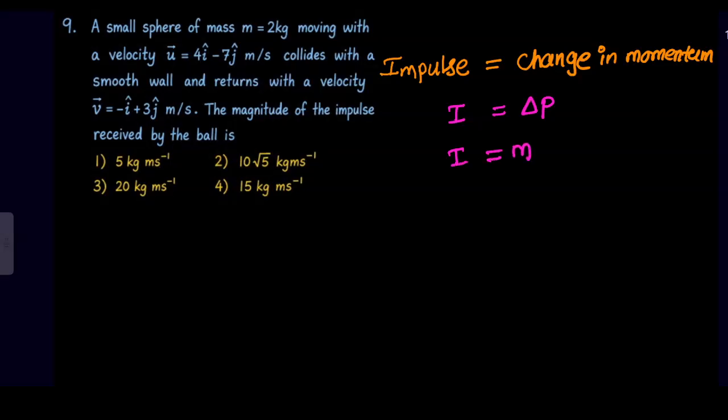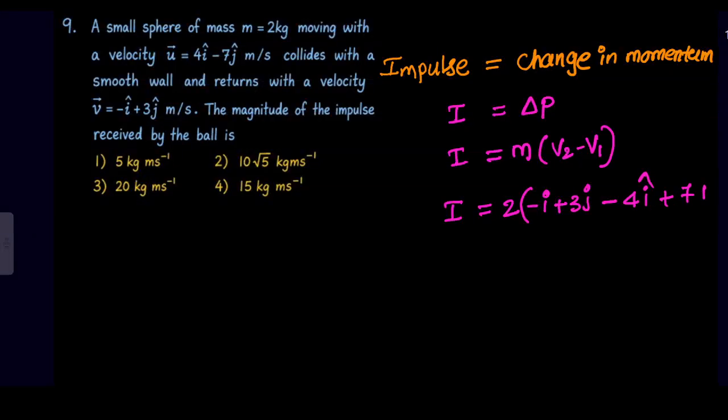Impulse will be indicated by the letter I. Right. So impulse is equal to mass, given as 2, times V2, the final velocity, minus I plus 3J, minus the initial velocity, minus 4I plus 7J.